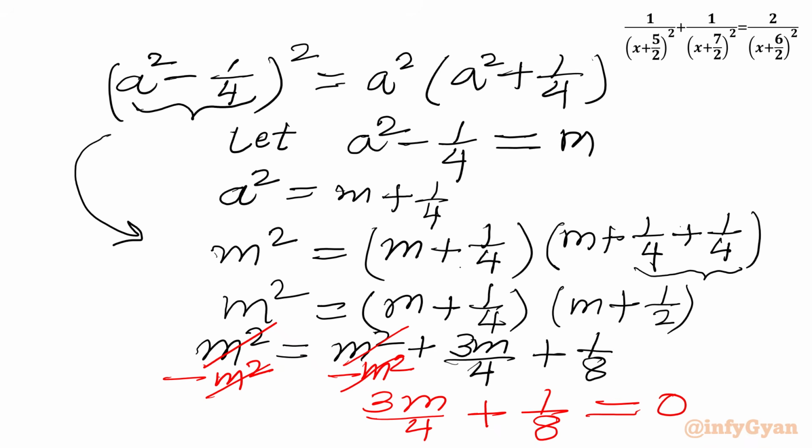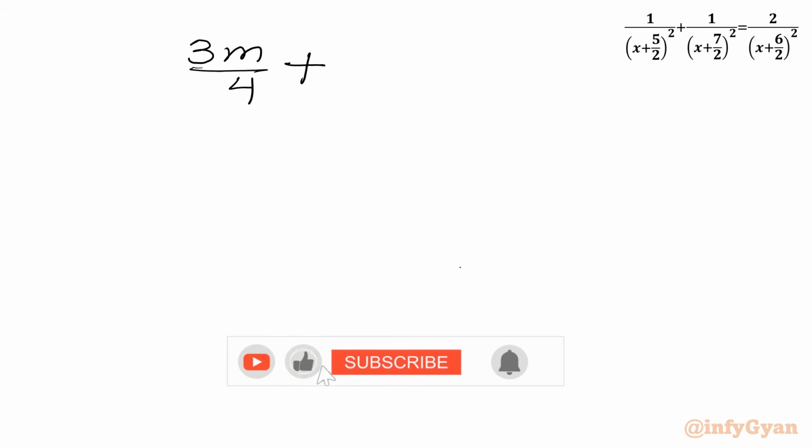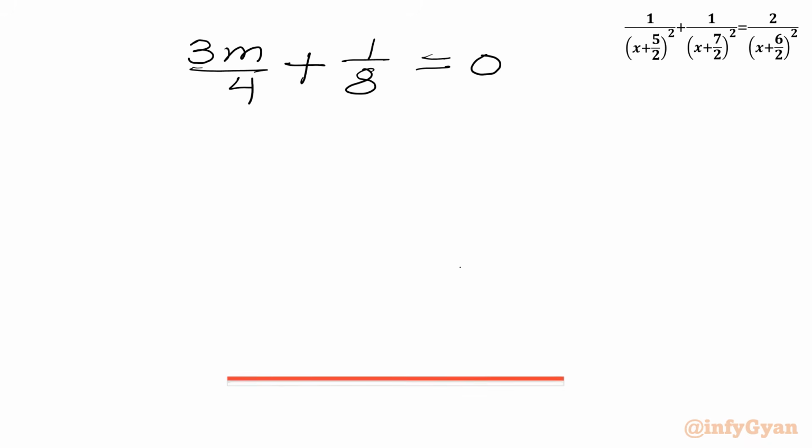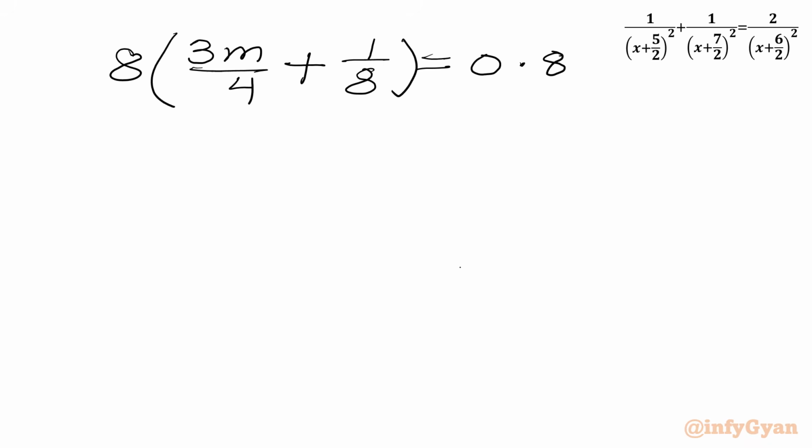Now we will multiply both sides by 8. So we will get 3m times 2, 6m, plus 8 times 1/8, 1, equal to 0.